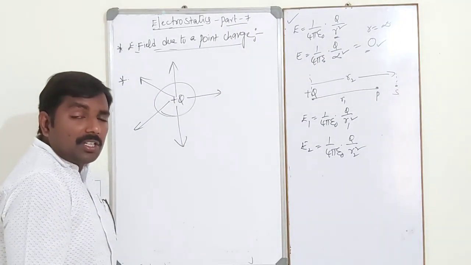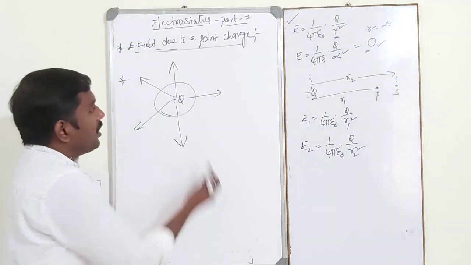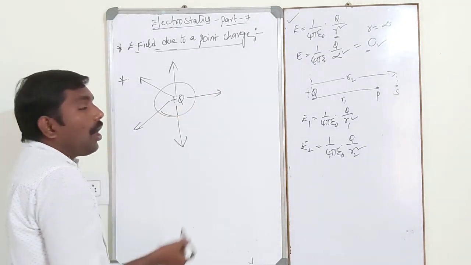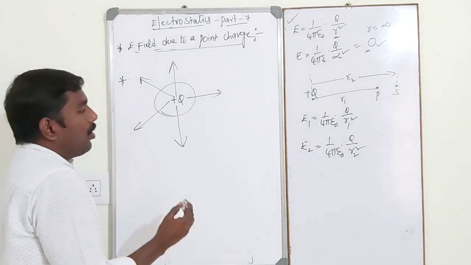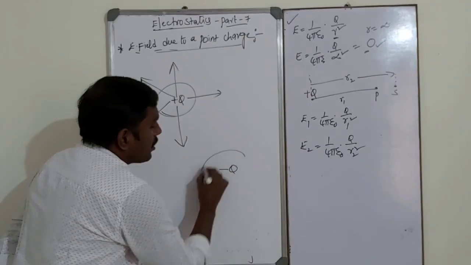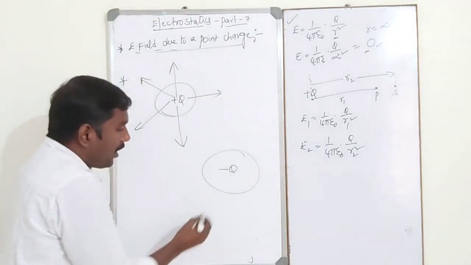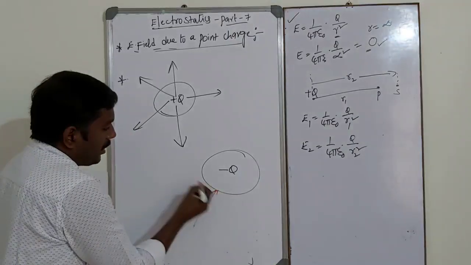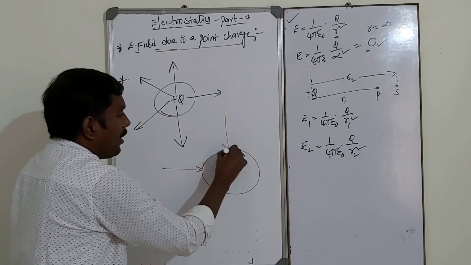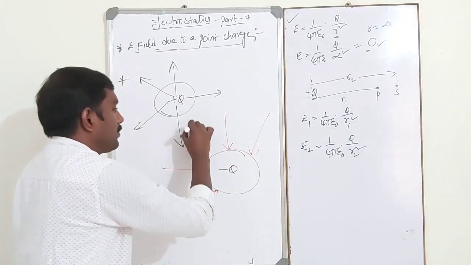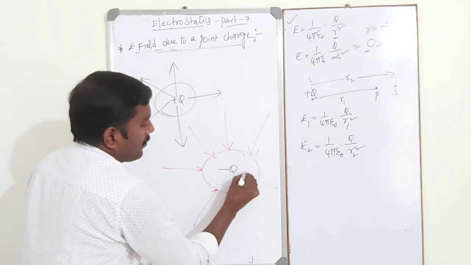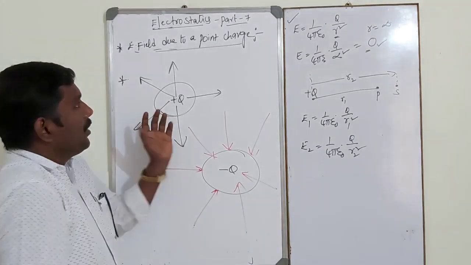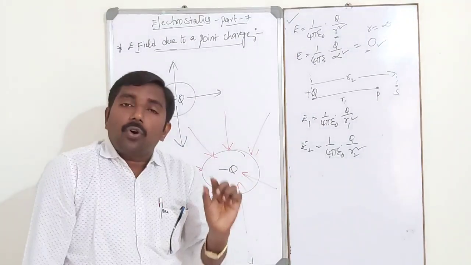This is the magnitude of electric field. What is the direction? In case of positive charge, the direction of electric field is radially outwards. In case of negative charge, the direction of electric field is radially inwards, like this. Electric field is which quantity?